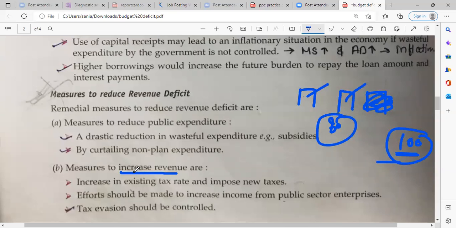Plus, I'll do lots of things to increase my revenue. Okay. So now A is this, B is this. So how can I reduce public expenditure? A drastic reduction in wasteful expenditure. Government provides subsidies, right? For example, someone is getting this chocolate for 10 rupees. There are lots of poor people who are unable to purchase a 10 rupees chocolate.